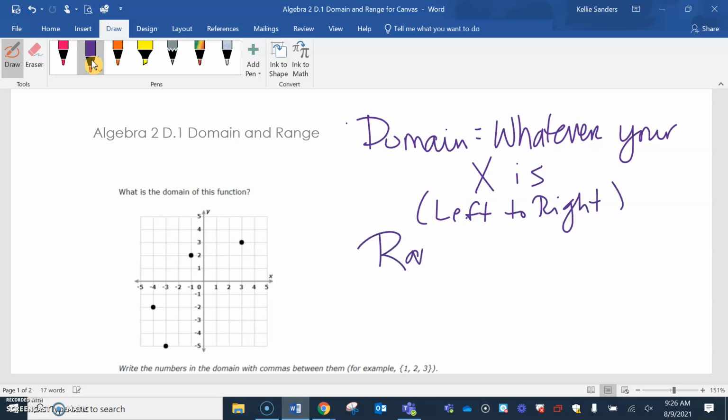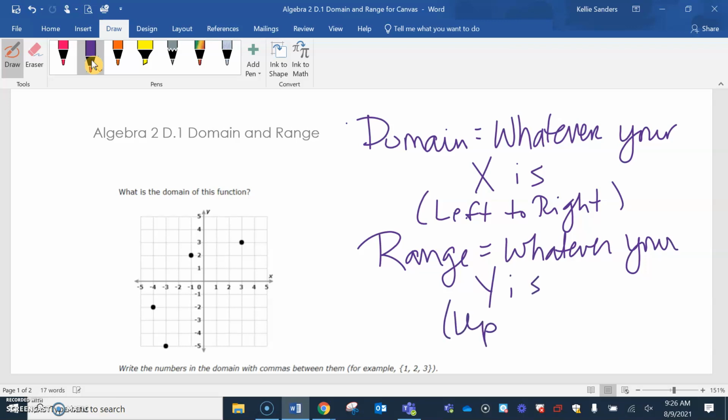The range is whatever your y is, and y's go up and down. Okay, so domain is x, range is y.